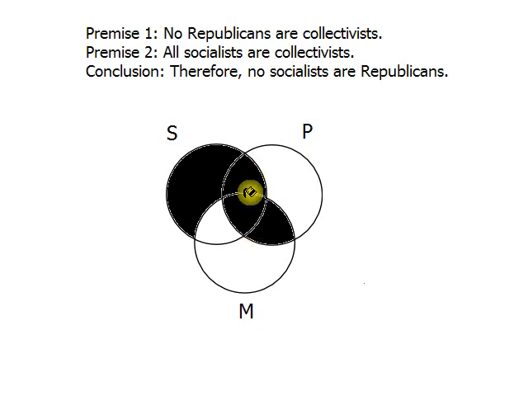But we don't, of course, because we don't diagram the conclusion, just the first two premises. But we see what we need to see, namely the intersection between S and P is empty, which shows that no S are P, no socialists are Republicans, and so we can safely conclude that the argument is, in fact, valid. So that's a basic Venn diagram test for validity.